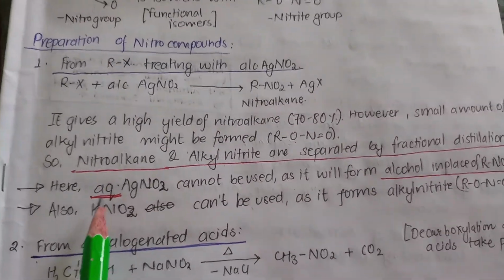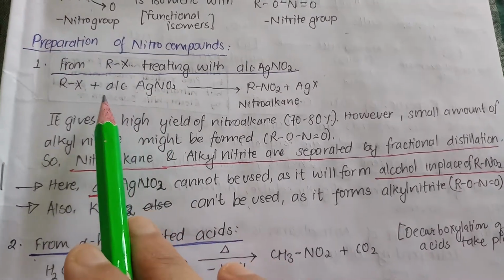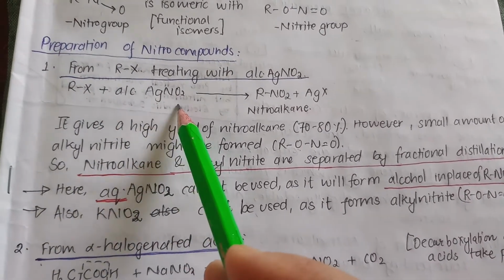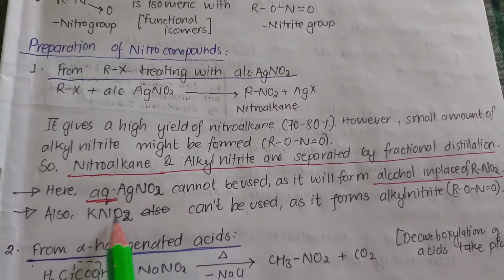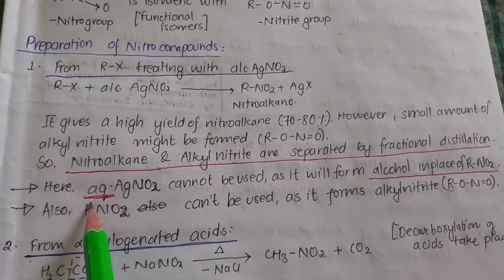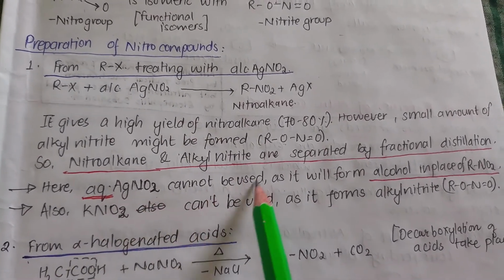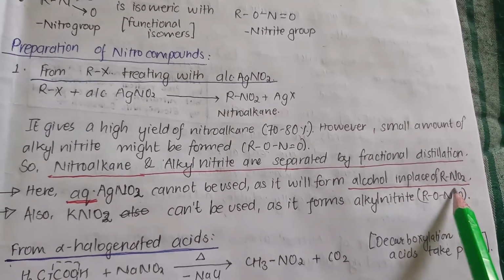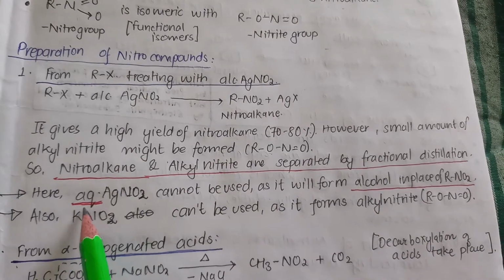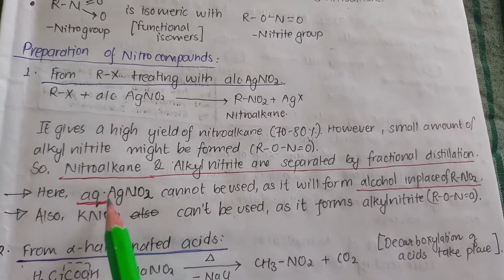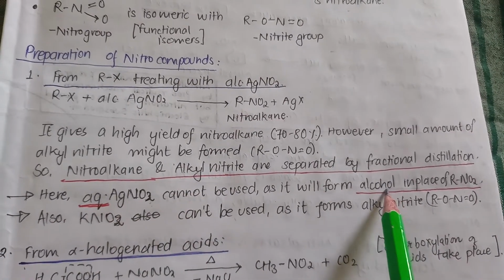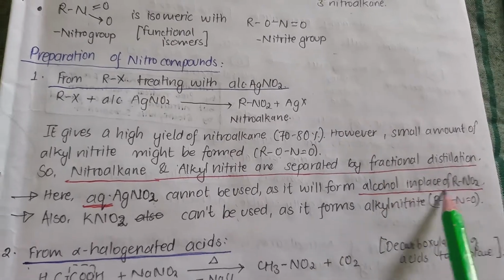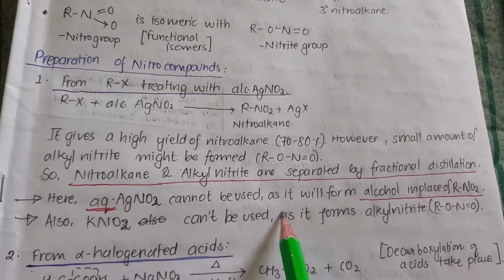Again, the other important thing to consider here is that we are using alcoholic silver nitrite and we cannot use aqueous silver nitrite, right? Aqueous silver nitrite can never be used because that will form alcohol in place of nitroalkane. We are preparing nitroalkane, so this method is not used.